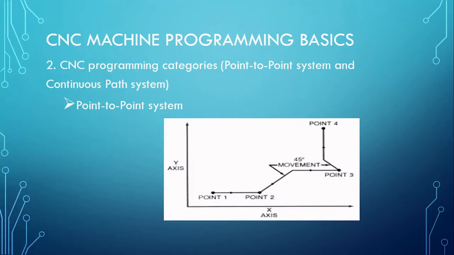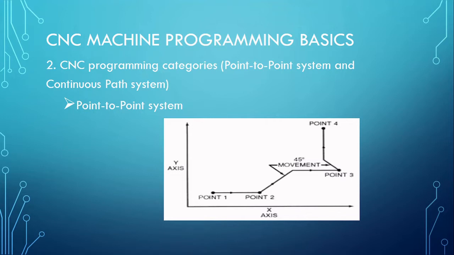Now the next point under the CNC programming basics is the CNC programming categories. There are two categories: the point-to-point system and the continuous path system.